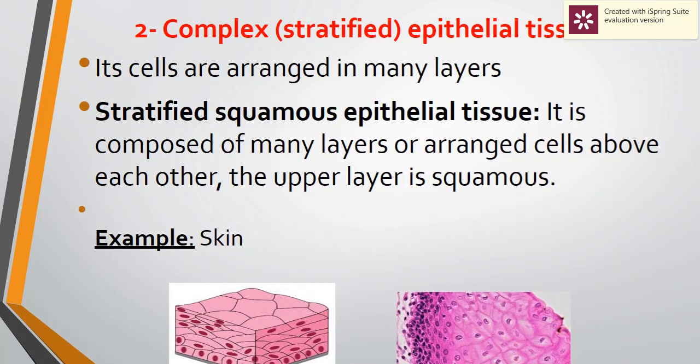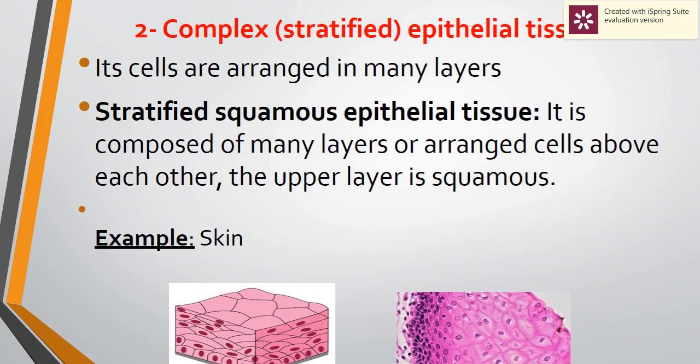The next one is compound stratified epithelial tissue. Its cells are arranged in many layers. It is compound because they are arranged in several layers, like the stratified squamous tissue. The stratified squamous epithelial tissue is composed of several layers of compacted cells above each other.